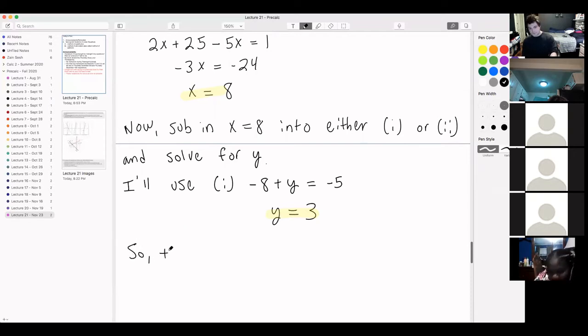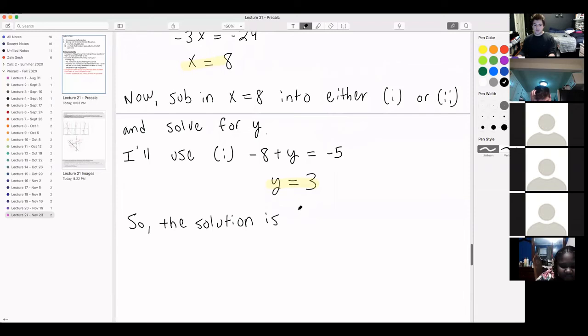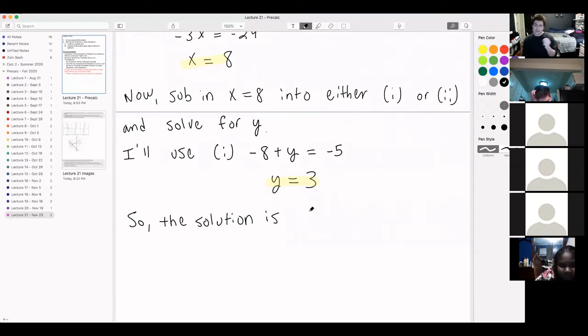So you can write your solutions like how I did, x equals 8, y equals 3, or you can also write it in a coordinate pair like this, (8, 3). Either is fine.